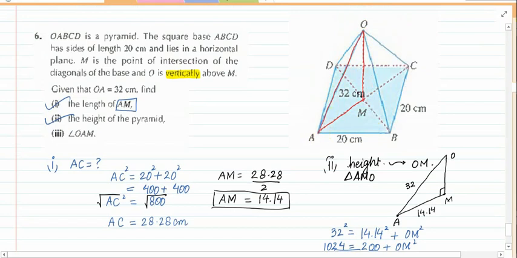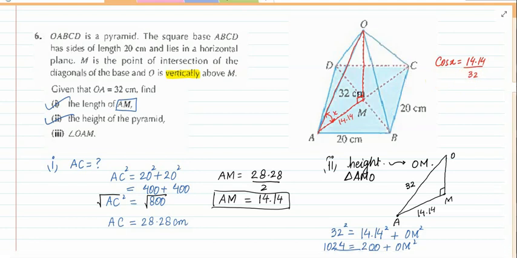And in that triangle we need to find this angle A, that is X. The value of AM is 14.14 and the value of OA is 32, right? Since it is a right angle triangle, we can use cos to find this angle. Its working will be cos x is equal to adjacent 14.14 divided by the value of hypotenuse 32.